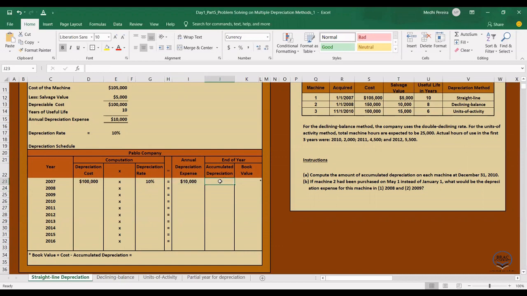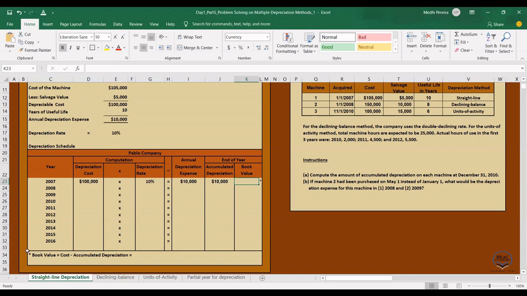If you can remember our discussion, in case of accumulated depreciation for the first year, it will be the same as the annual depreciation expense. And why is that? It's because we don't have any previous balance of accumulated depreciation. That is the reason we only put the current depreciation expense as the accumulated depreciation for the first year. And then we get the book value.